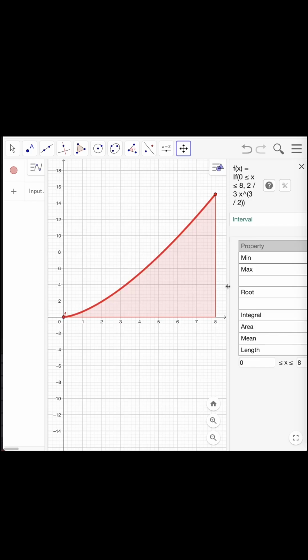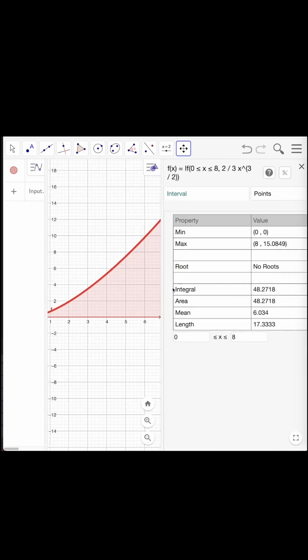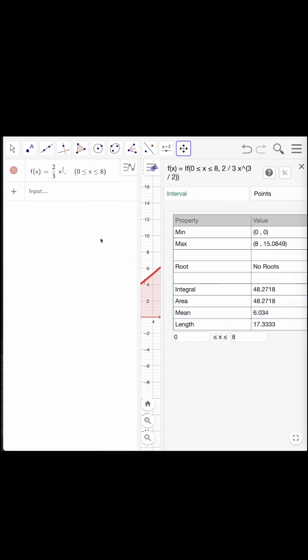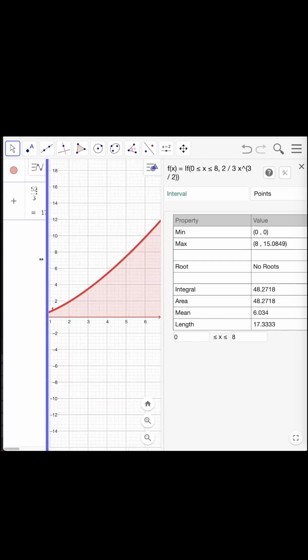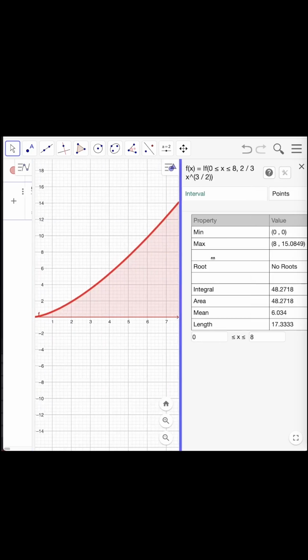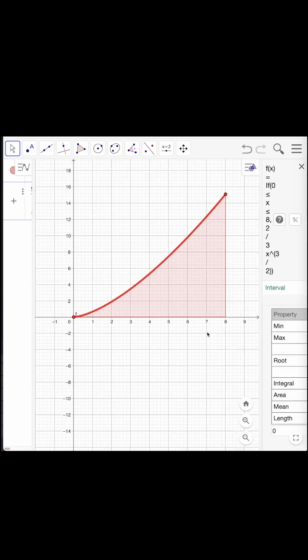And according to the function inspector in GeoGebra, the length is 17.333. And of course, that is exactly the number we got. Do you remember? I got 52 over 3, and that is exactly 17.3. So this app is free, so that's also good to understand things better by visualizing them.